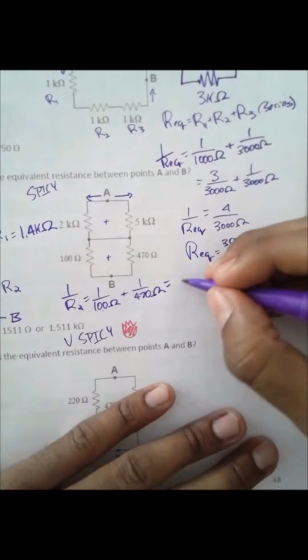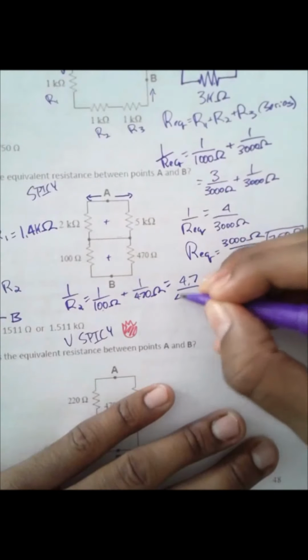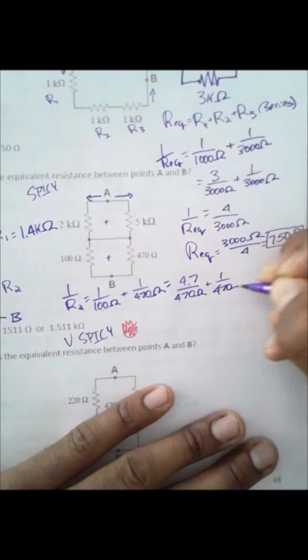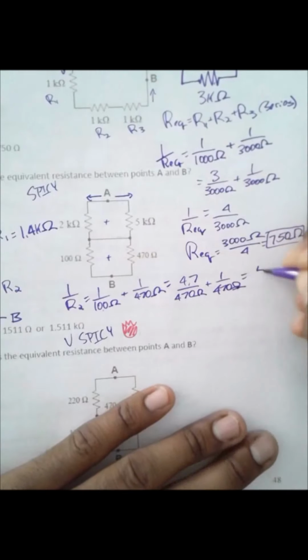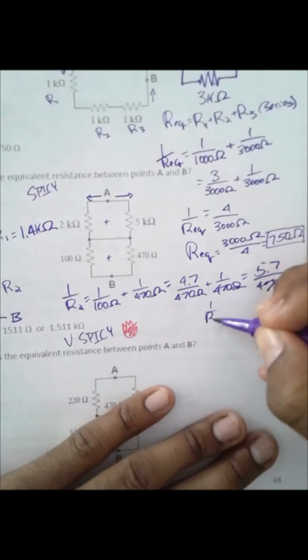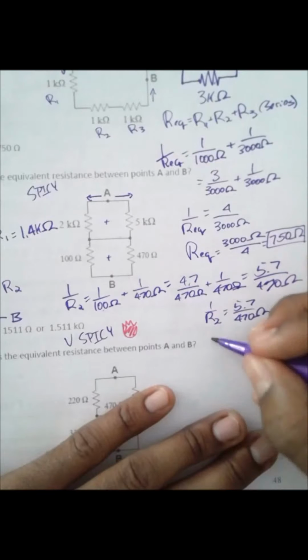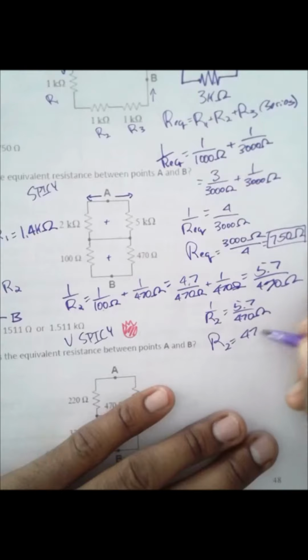When we do that, we get 4.7 over 470 ohms plus 1 over 470 ohms gives us 5.7 over 470 ohms. Now 1 over R2 is equal to 5.7 over 470. Therefore R2 is equal to 470 ohms over 5.7.